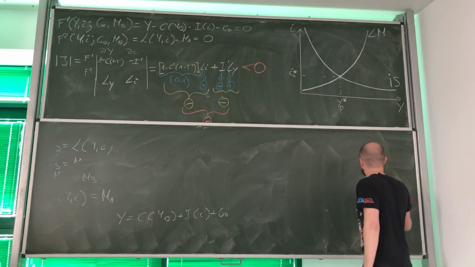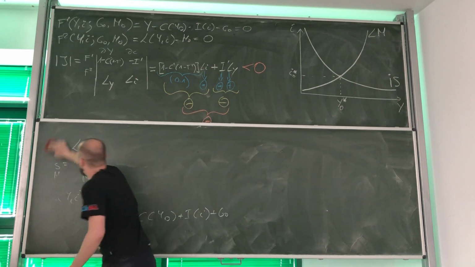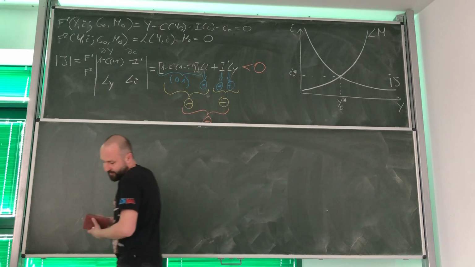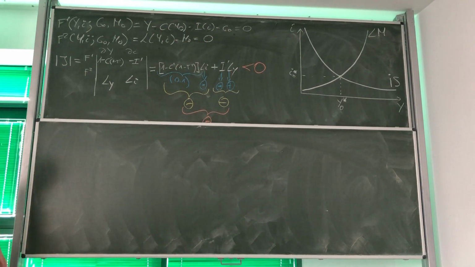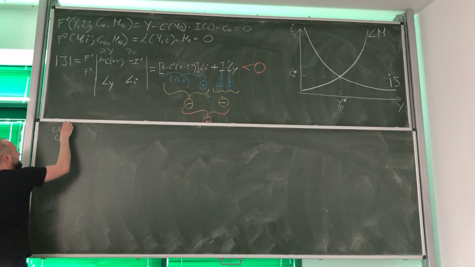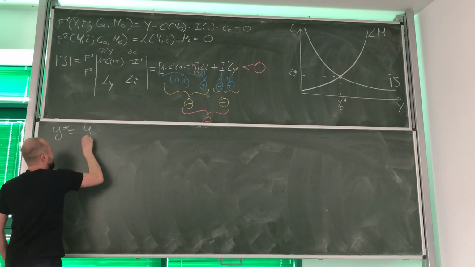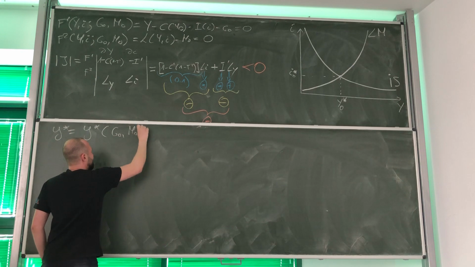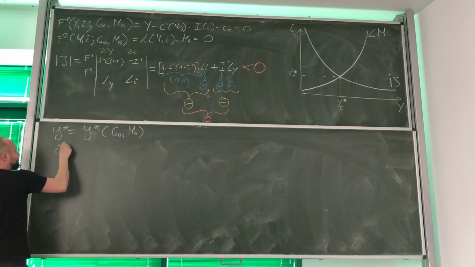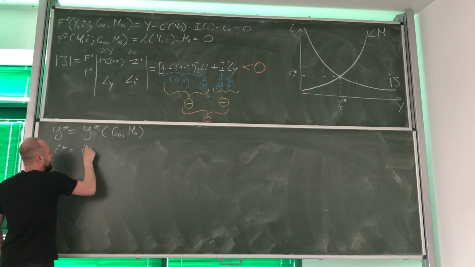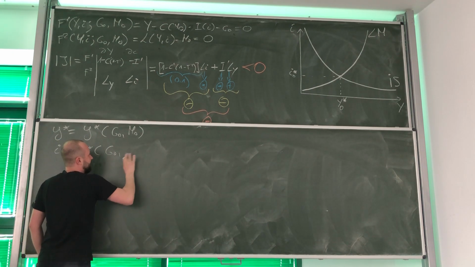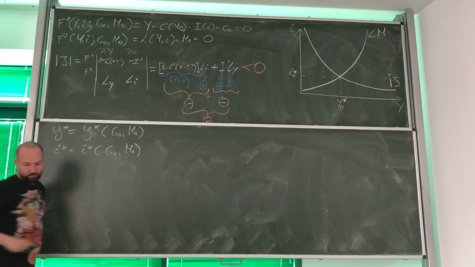Those two functions are, of course, the functions of endogenous variables expressed as functions of exogenous variables. So in our case, this is y as a function of government spending and money supply, and interest rate equilibrium as a function of government spending and money supply.